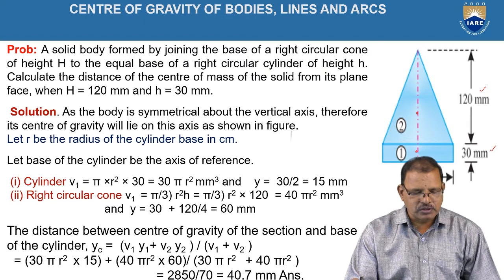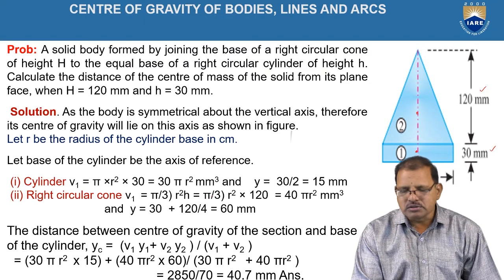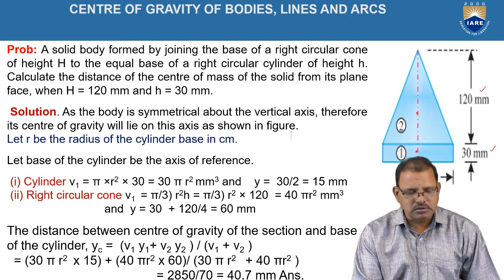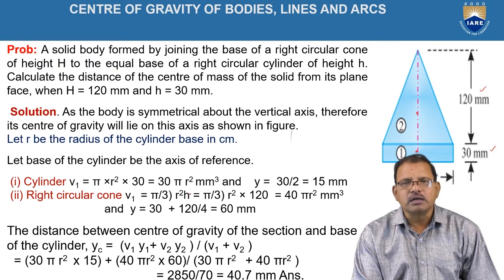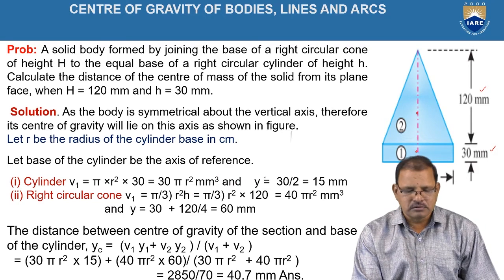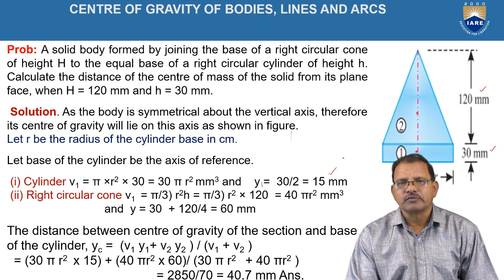Now, on doing the calculations, v1, the volume of the cylinder, is equal to pi r square into h, where h is 30. It can be written as 30 pi r square. And y1 is equal to 30 by 2, which is equal to 15 mm.